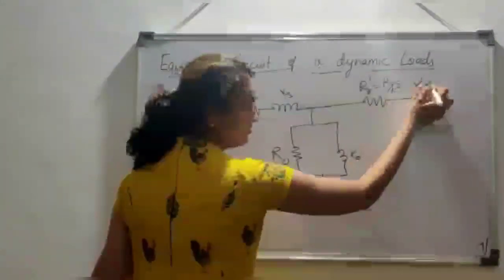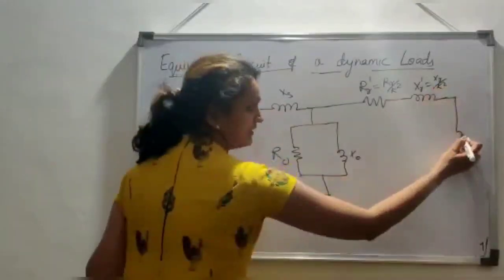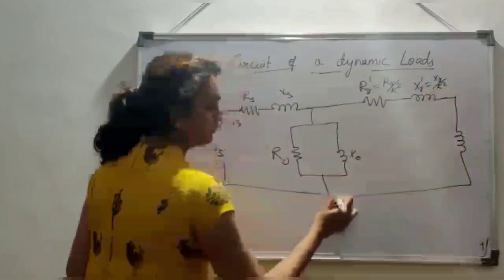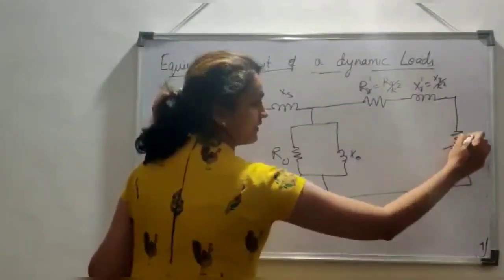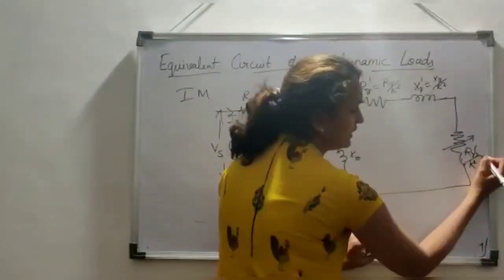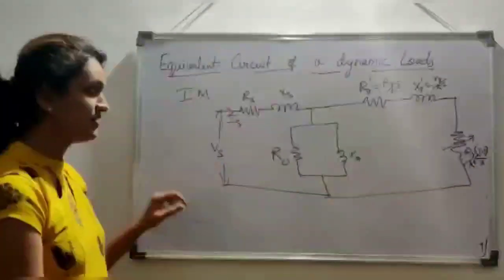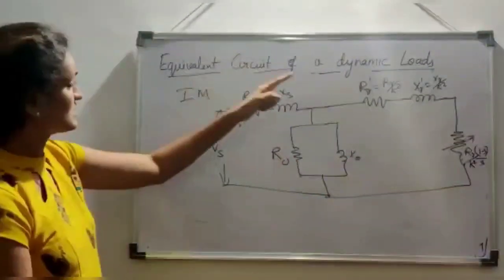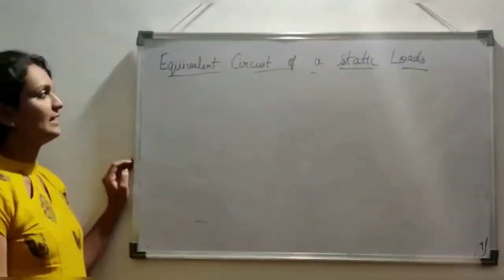Same way this is XR dash, which is nothing but XR divided by K square. And the variable load here is RR divided by K square into 1 minus S divided by S. So this is the variable load. So this is the single phase equivalent circuit of the dynamic load.